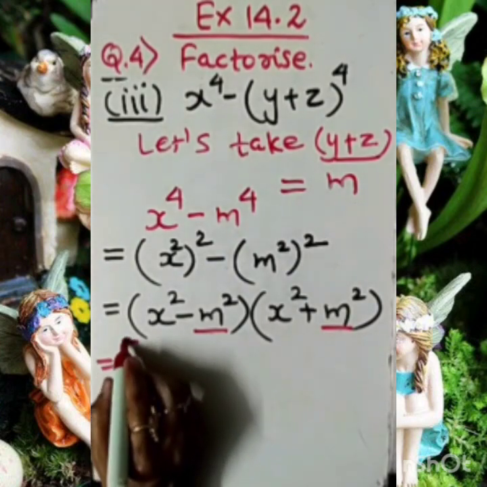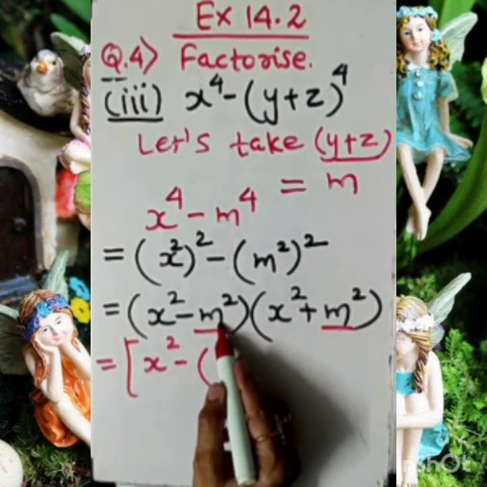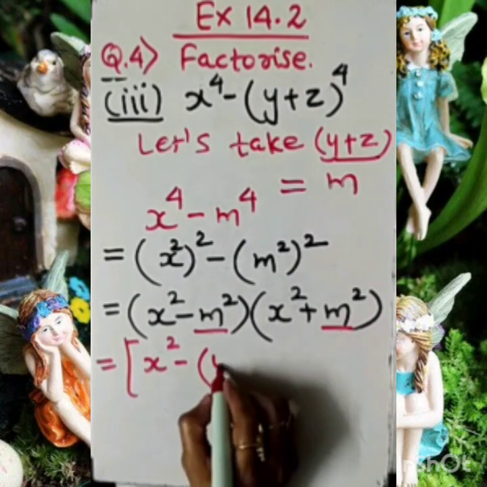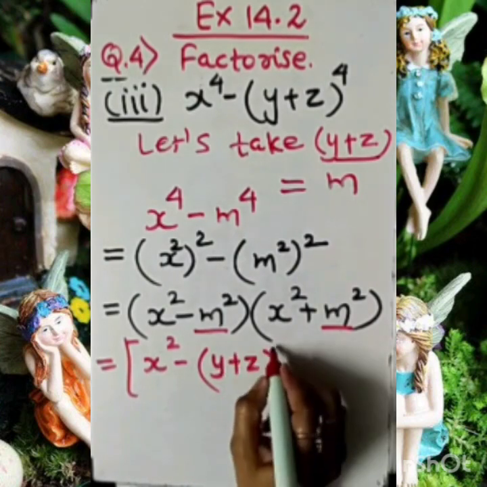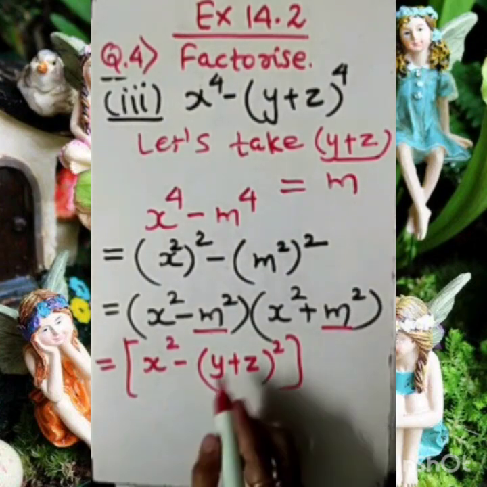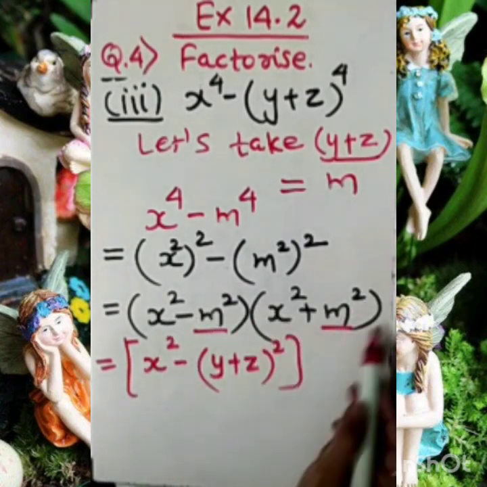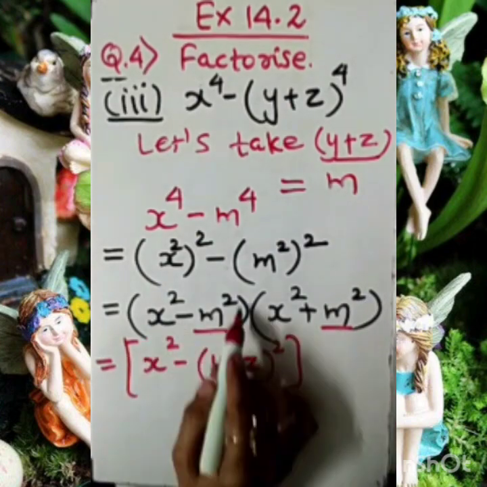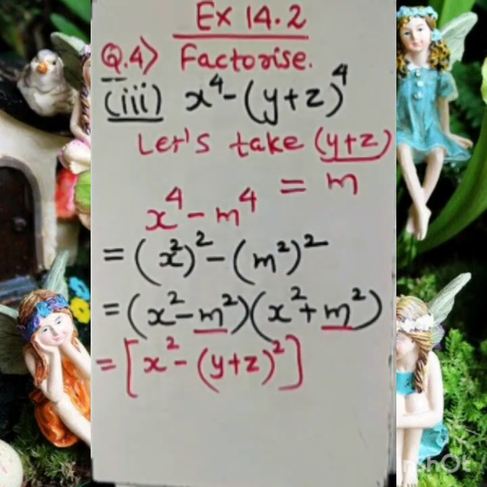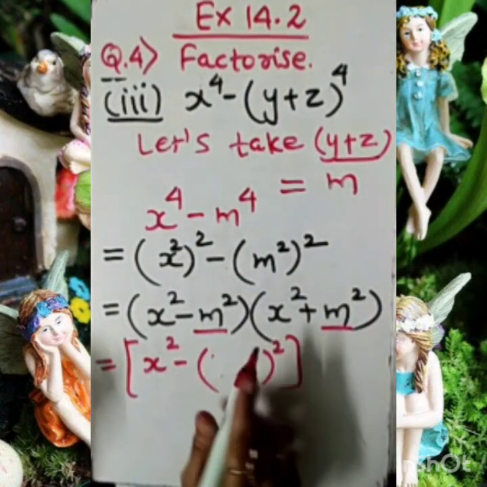So the next step, be careful: x square minus, what is m here? Y plus z. So let me write y plus z whole square. And here also, there are two options for doing this. If we do not want to keep it separate, we can write it in another way, that is x minus m, x plus m. So better I am writing here according to that.